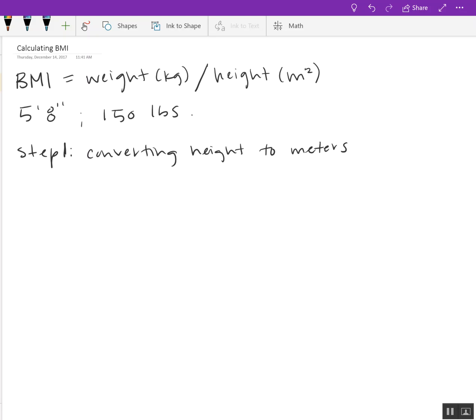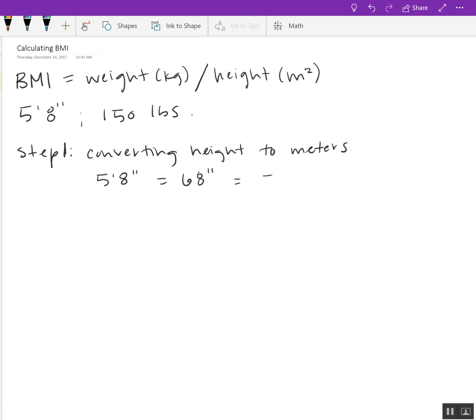The first thing we're going to do is take our 5 feet 8 inches and convert that into just inches. As I said, this is going to be very, very detailed. 5 feet 8 inches equals 68 inches. For those of you who might be wondering how I got there, for every foot there's 12 inches.